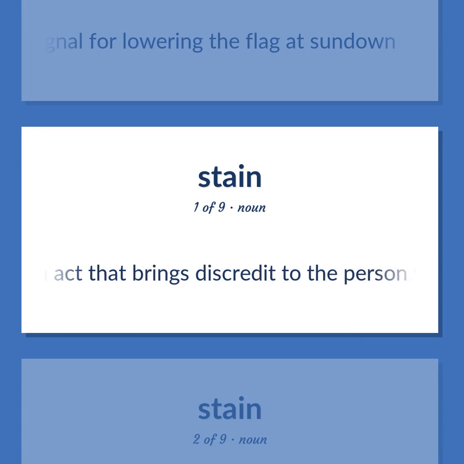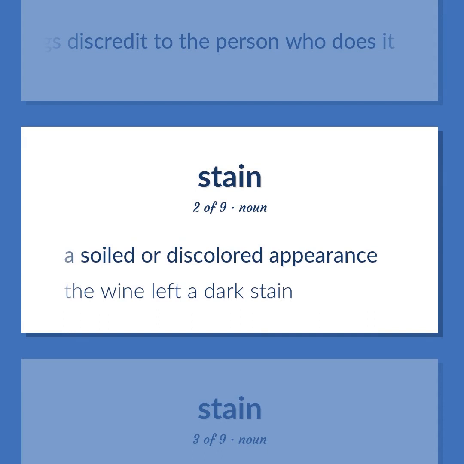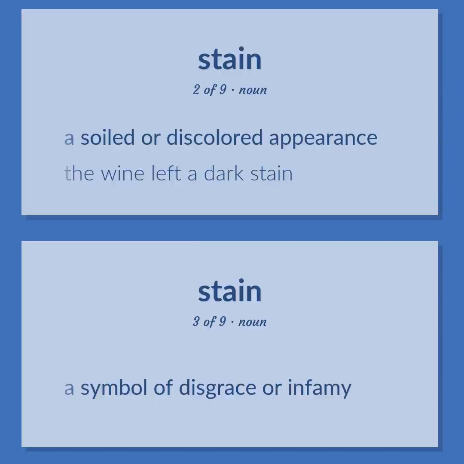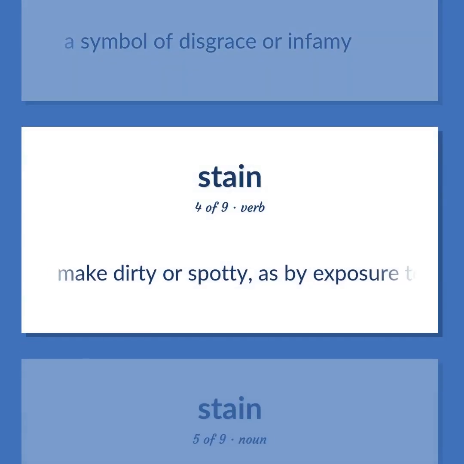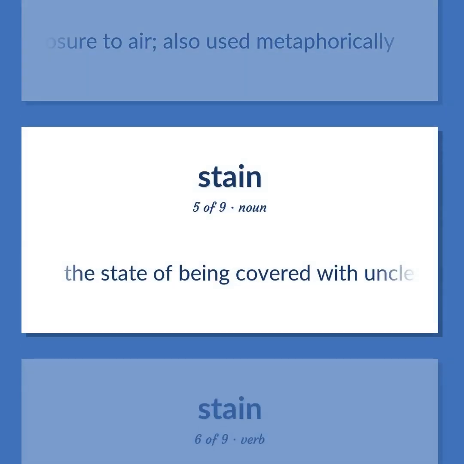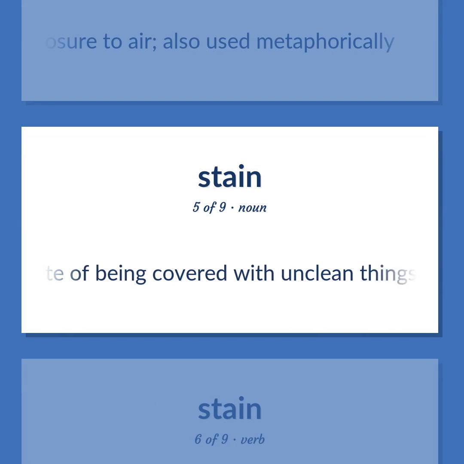An act that brings discredit to the person who does it. A soiled or discolored appearance. The wine left a dark stain. A symbol of disgrace or infamy. Make dirty or spotty, as by exposure to air, also used metaphorically. The state of being covered with unclean things.